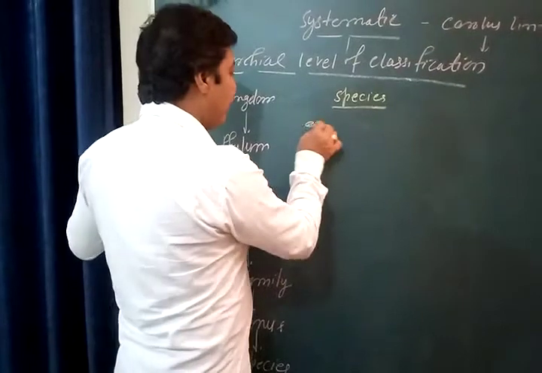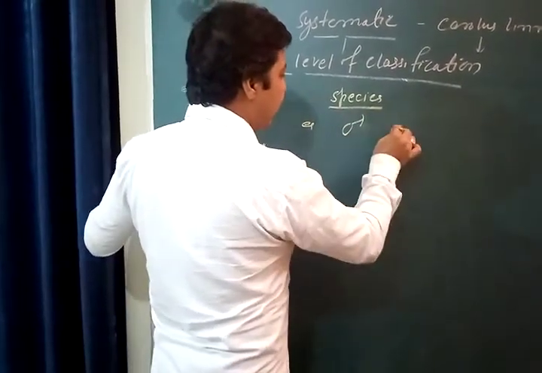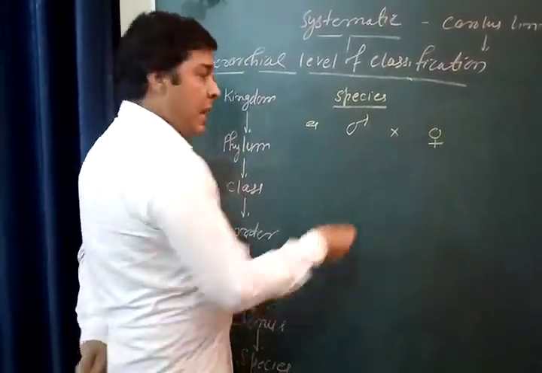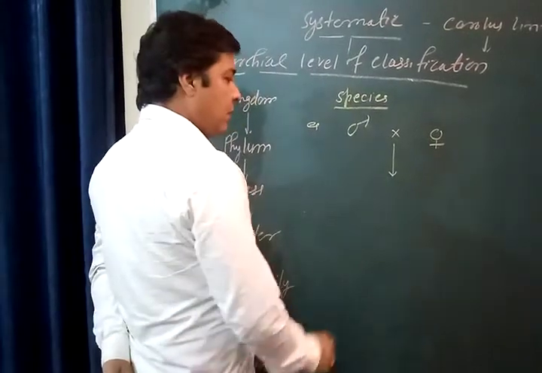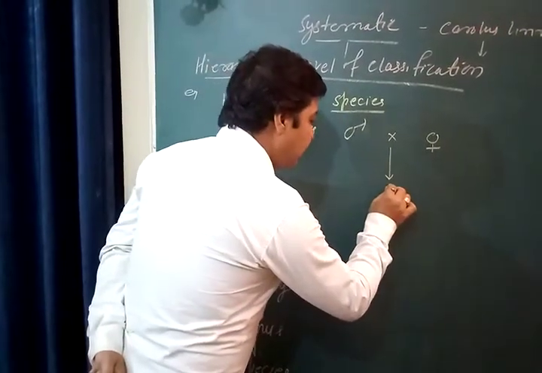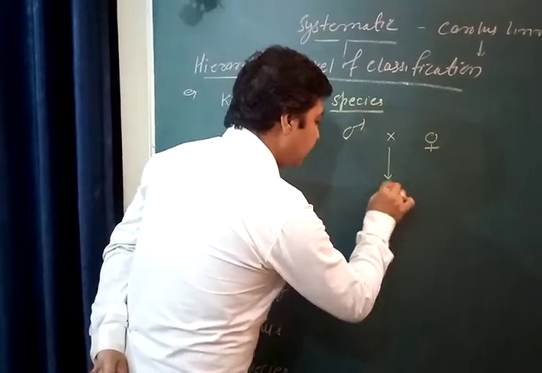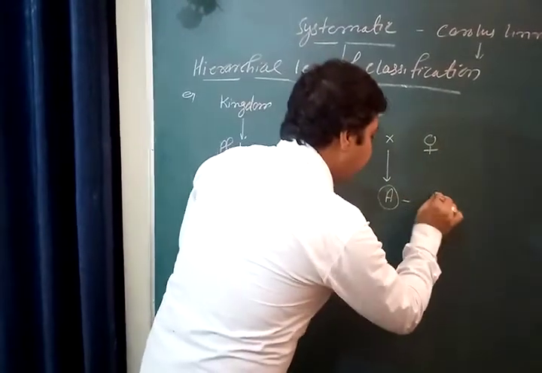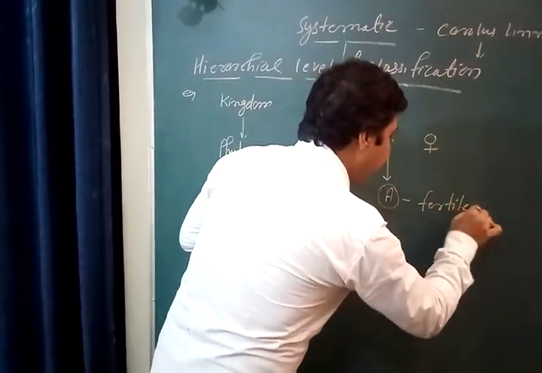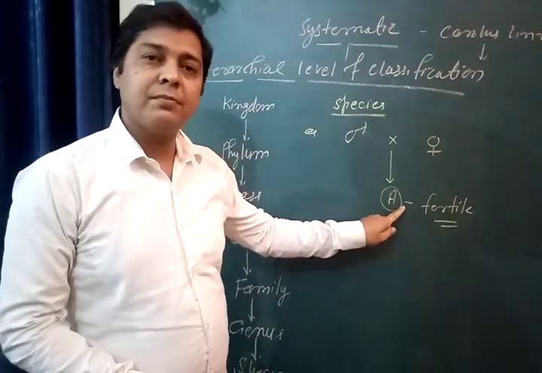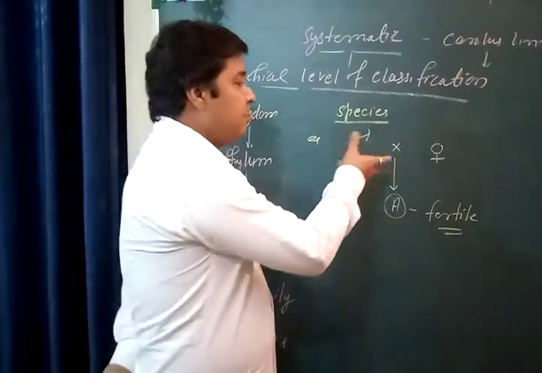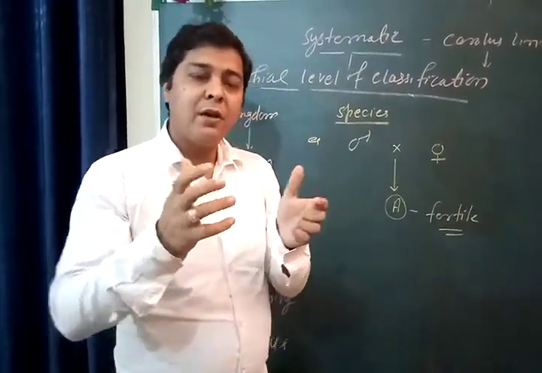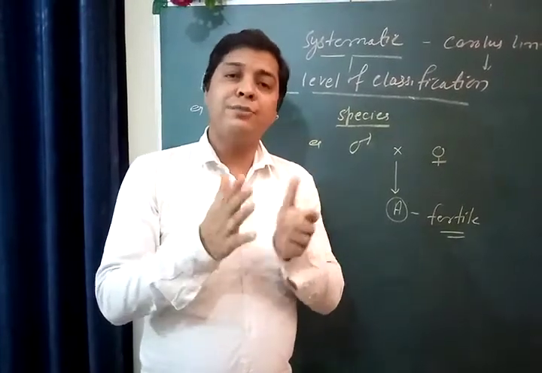For example, if an individual male is crossed with a female of the species, the progeny obtained should be fertile in nature. So species may be defined as a group of individuals which produce offspring, and their offspring should be fertile in nature.